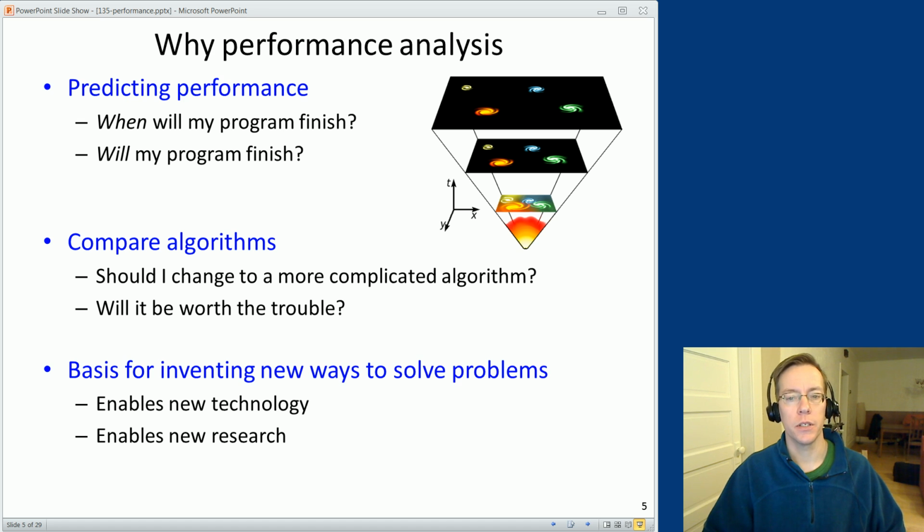How much time is it going to save you for the problem sizes you're actually working on? And finally, by finding better algorithms, they might be more complicated, but if they buy us enough performance-wise, they may enable us to build new things and to research things that we were previously unable to look into.